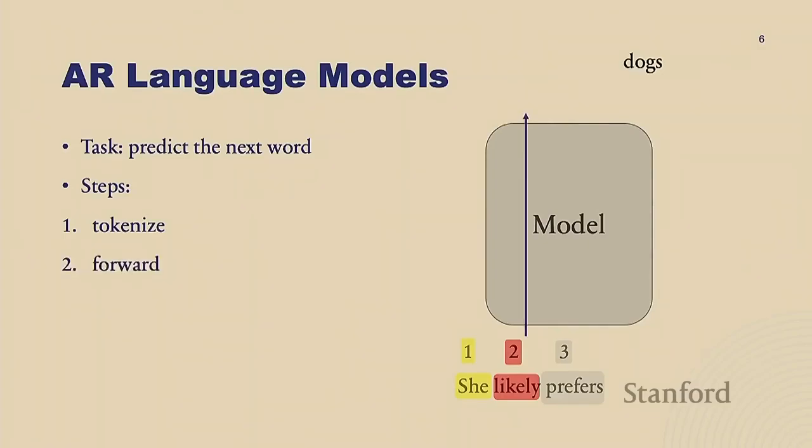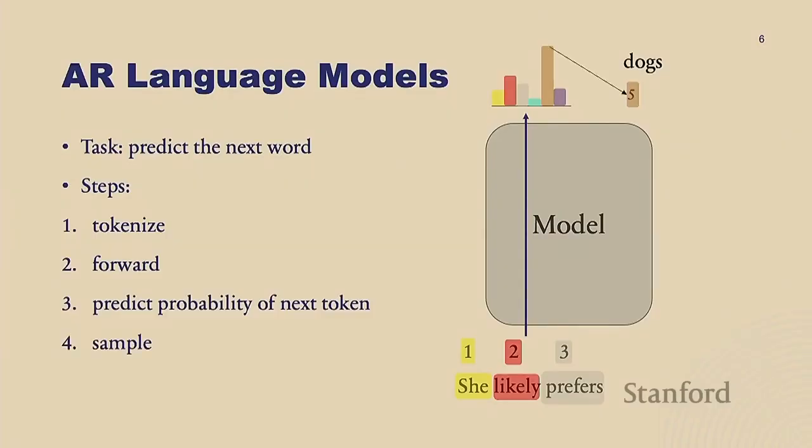Then you pass it through this black box. As I already said, we're not going to talk about the architecture. You just pass it through a model, and you then get a probability distribution over the next word or over the next token. Then you sample from this distribution, you get a new ID, and then you detokenize. That's how you sample from a language model.